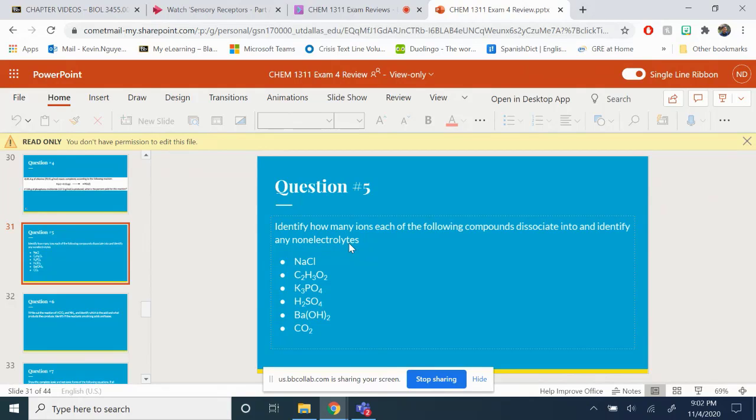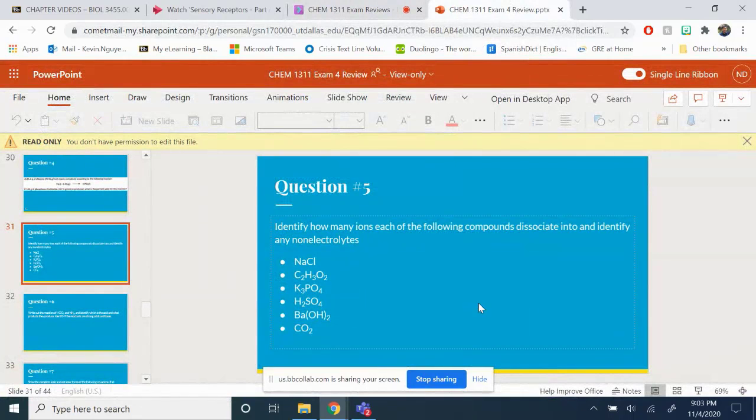So once it breaks apart into H plus and HSO4 minus, the HSO4 minus will not want to break apart again into SO4 2 minus and H plus. So it only wants to dissociate 1 time. It breaks apart into those 2, and that's typically it. That's why it's 2. Yeah, exactly. There's only going to be 1 hydrogen and then 1 HSO4 minus. Okay.